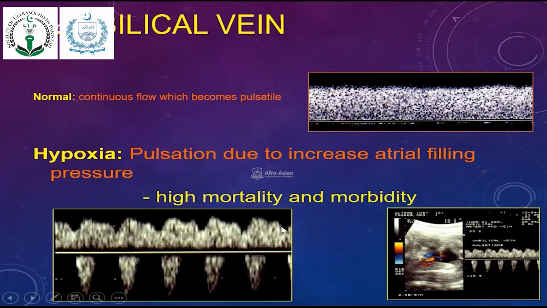It is a severe condition. Similarly, here you can see the umbilical vein near the urinary bladder of the fetus, and here you can see the similar pulsatility.